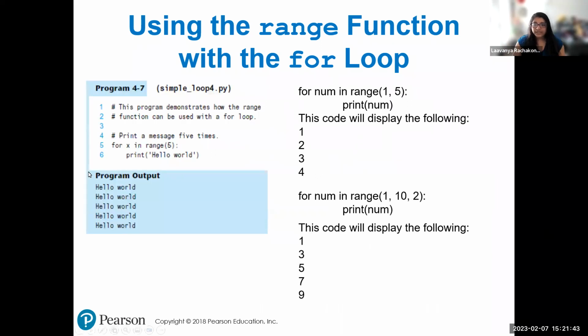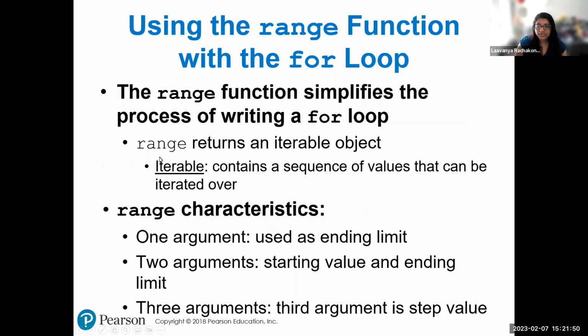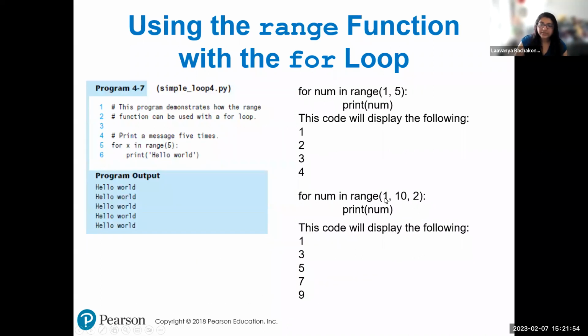So let's take a look at this. So it is range of 5. Also notice this will return the values in sequences. So it will contain a sequence of values, basically returning a value in the format of a sequence. So for X in range 5, the output of range 5 is 0, 1, 2, 3, and 4.